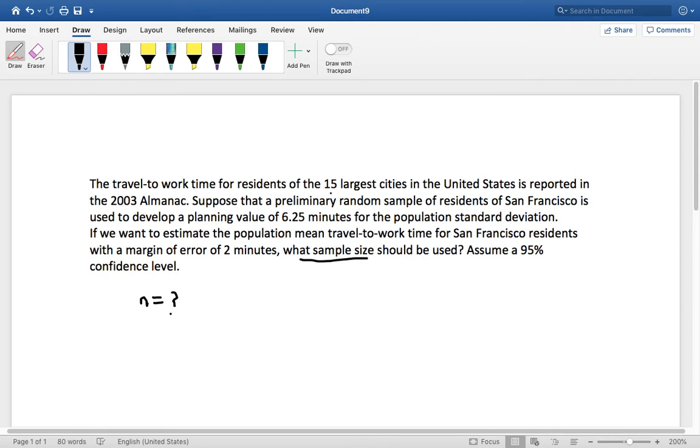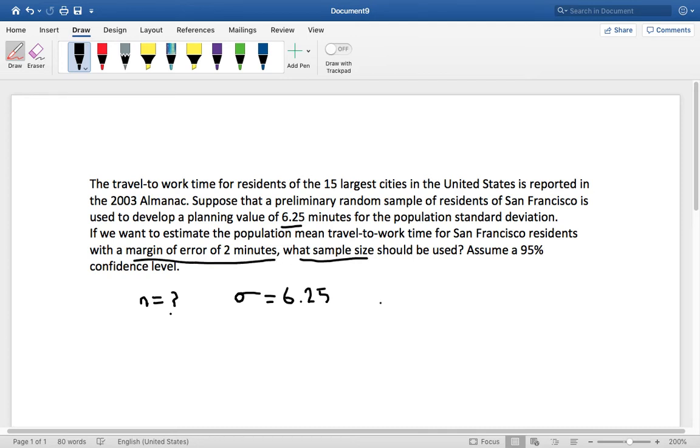Well, let's go through. We are told that 6.25 minutes is the population standard deviation. And what else are we told? We're told that the margin of error is 2 minutes.